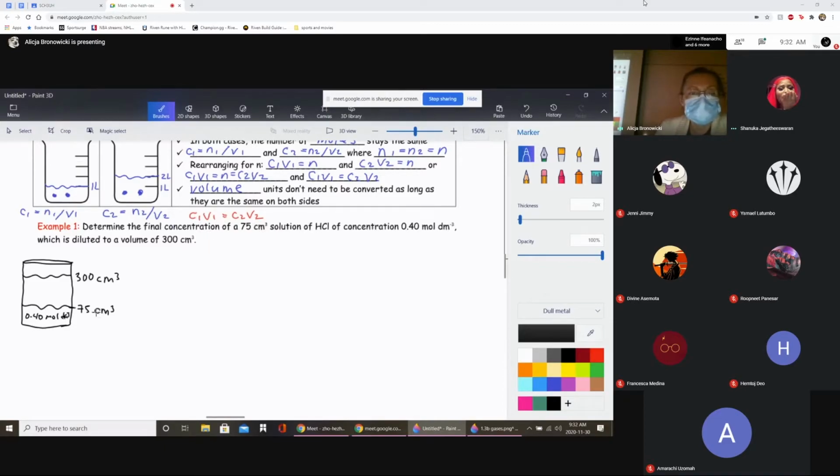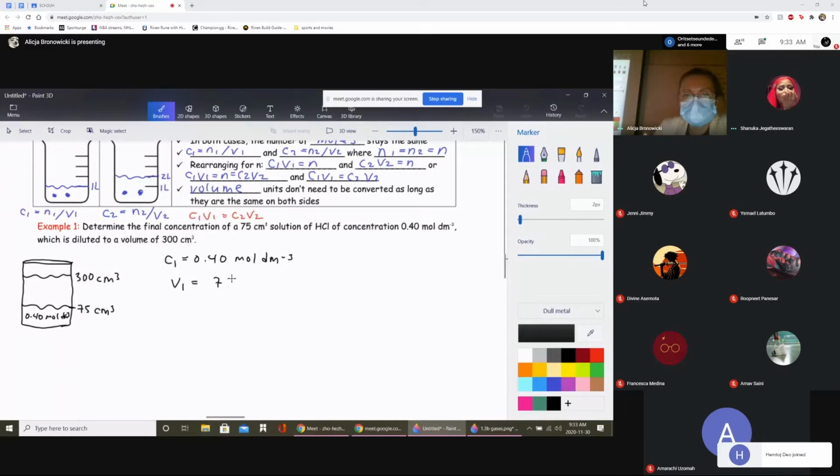So initially, my first concentration is 0.40 mole dm^-3. So I have mole per liter, right? So I am going to just convert that.